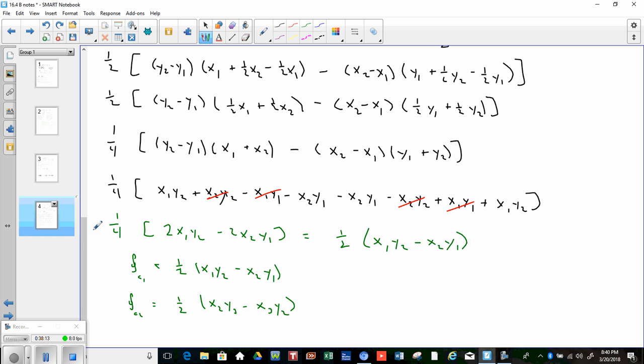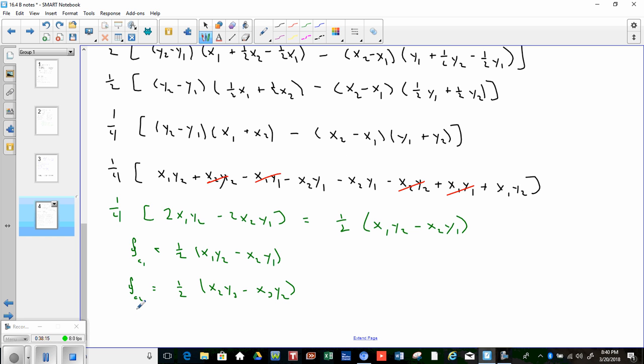But that's it. You're just going to keep shifting the indices, and you're going to do that all the way down till you get to the very last one, the integral over Cn. The last one would be 1/2, and then it would be xn y1 minus x1 yn.